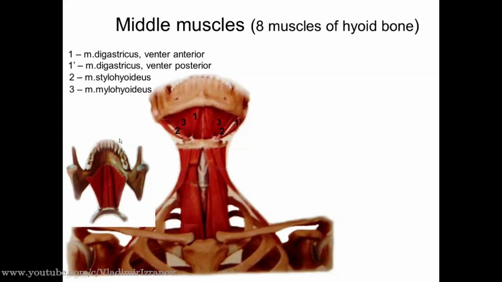All other muscles were cut, and we see only diaphragma oris, the floor of the oral cavity. Here it is. One of these muscles is already known: number 3, musculus mylohyoidus, and number 4 is the paired muscle, musculus geniohyoidus.